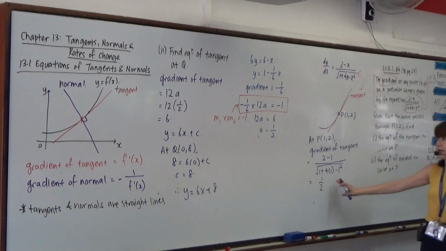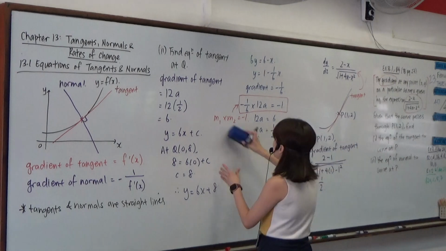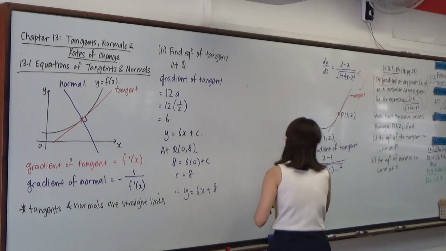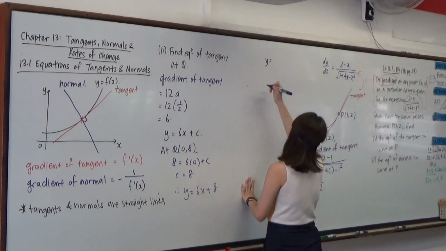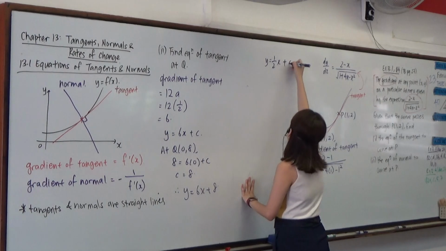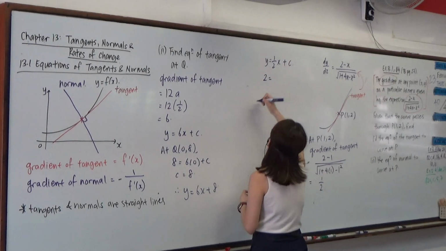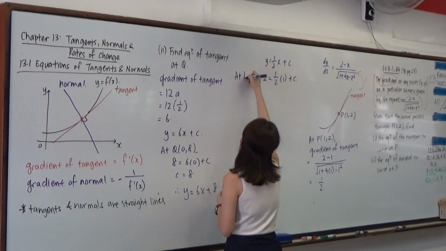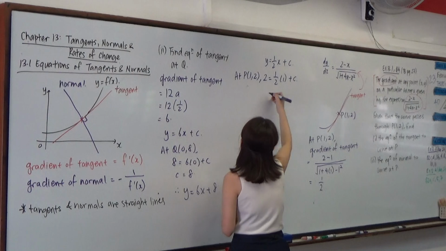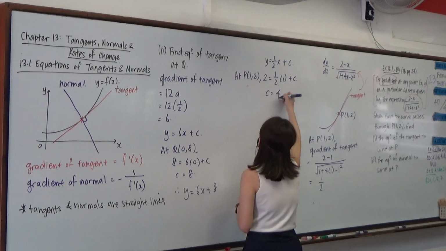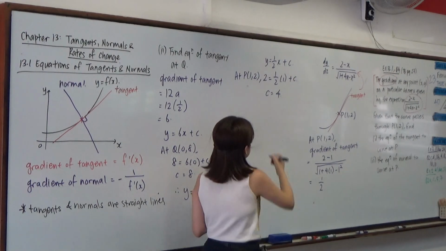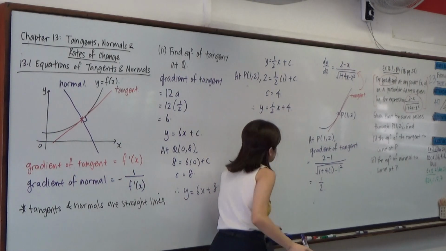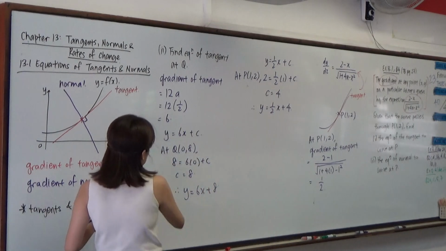So I now have the gradient, and I know the point as well. So we can now find the equation of the straight line. y equals half x plus c. y is 2, x is 1. So c equals 4. Therefore, y equals half x plus 4.